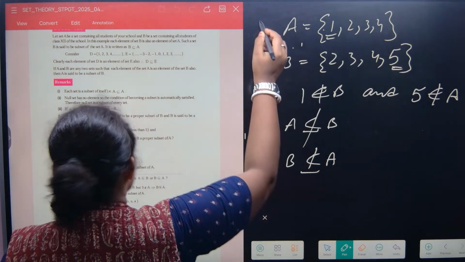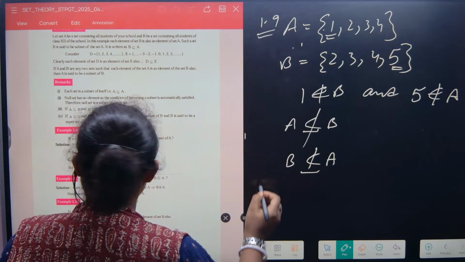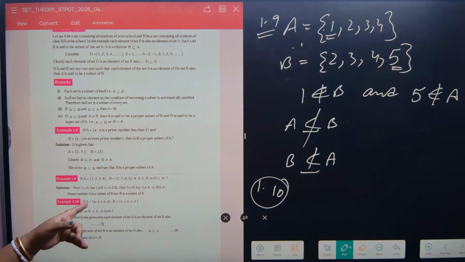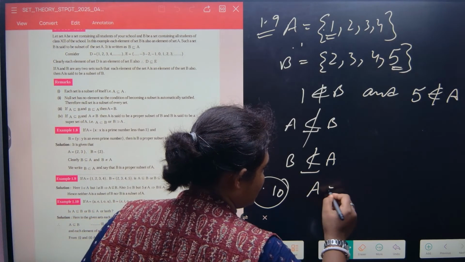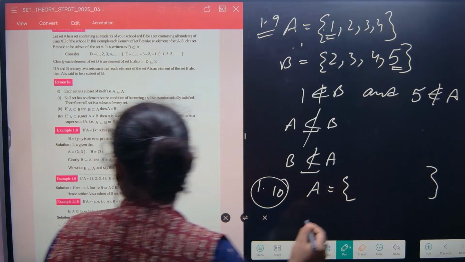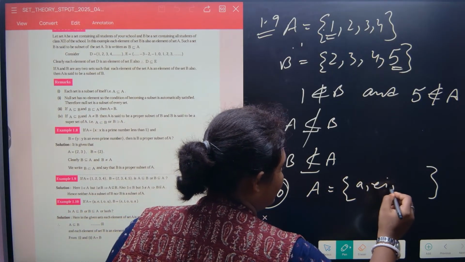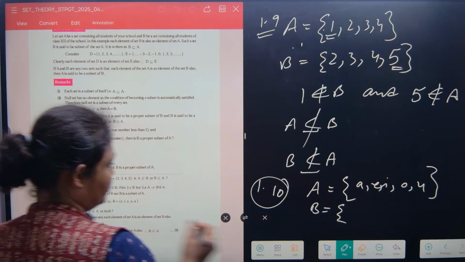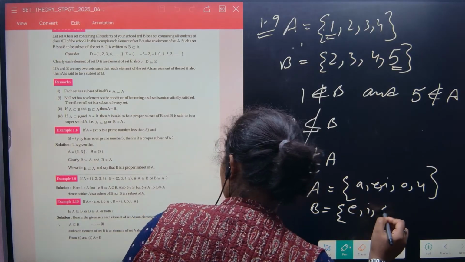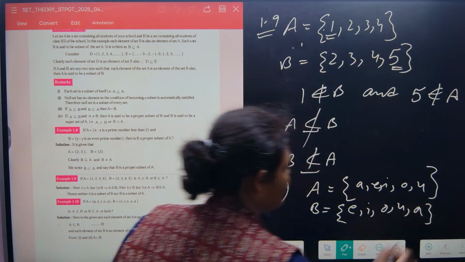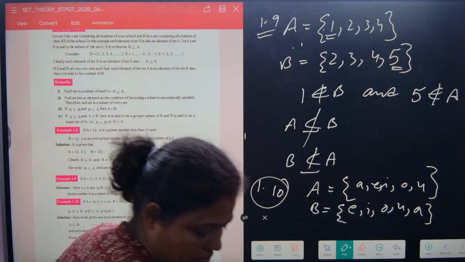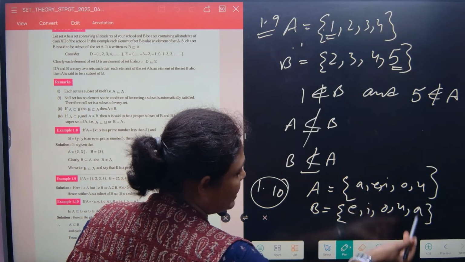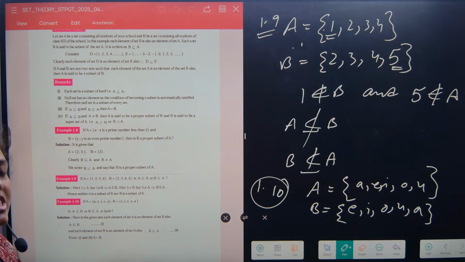Next, 1.10. This was 1.9, now 1.10. Okay, in 1.10, A is a set with all vowels. Okay, A, E, I, O, U. B is also a set: E, I, O, U, A, right? So see, each and every element belongs to each set.